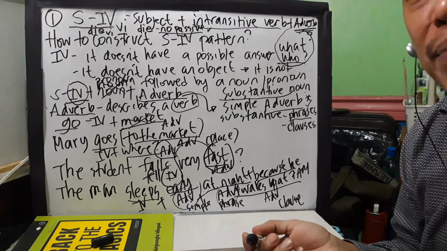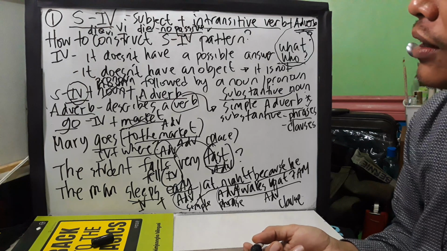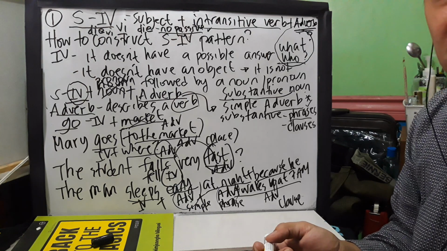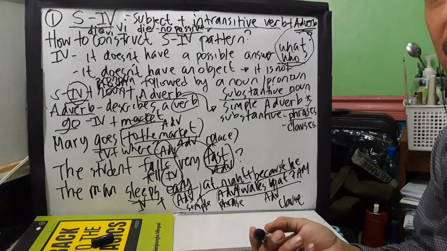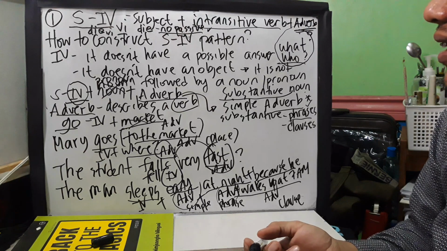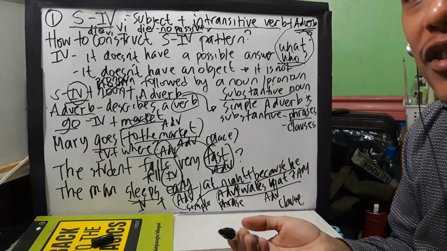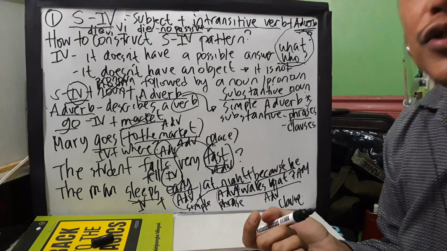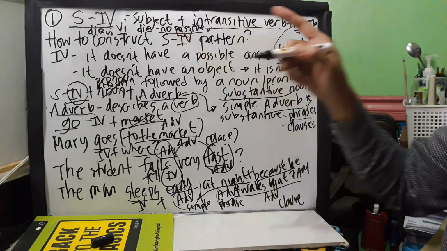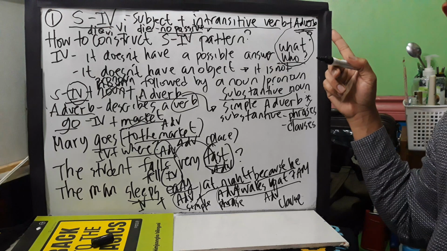Now the question is, you might be thinking, teacher, what do you mean by no passive? Okay, I will give you now an advanced clue on this. In your sentences, there are 2 voices. We have the active and the passive voice.